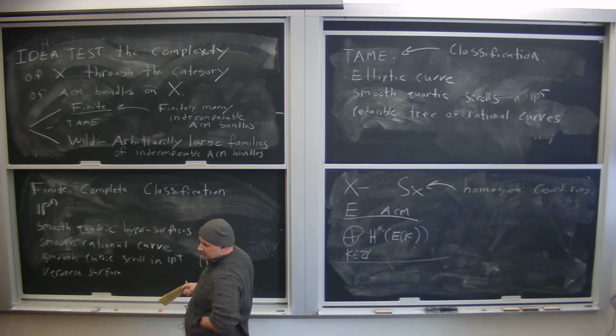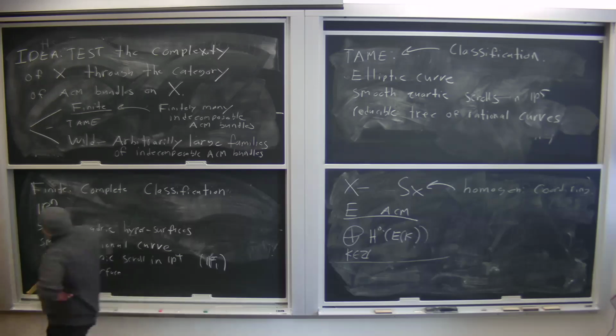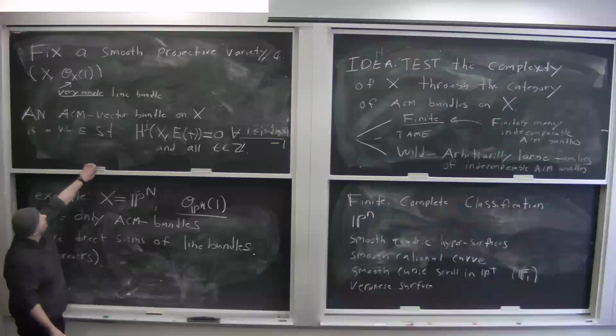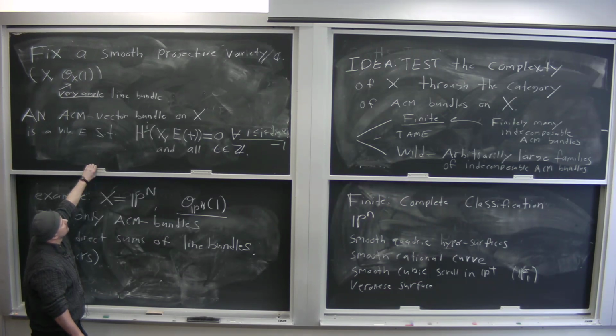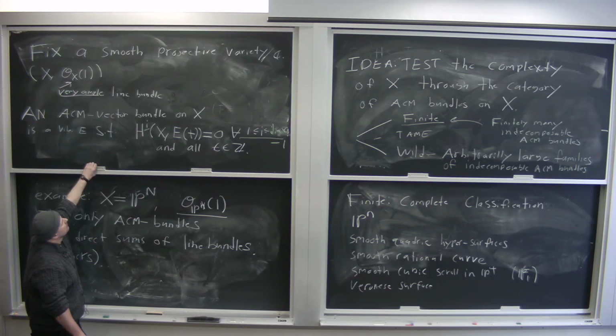But if it's a curve, it has no middle cohomology, right? The condition for all i between 1 and n minus 1 becomes vacuous. So that's what I'm asking: for curves, the ACM condition is vacuous.